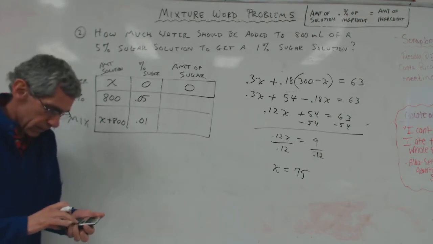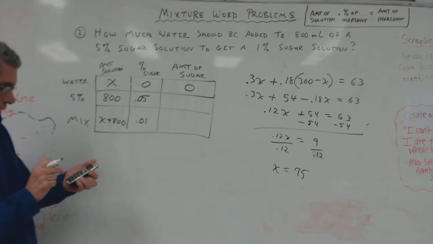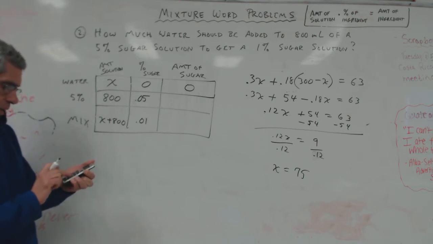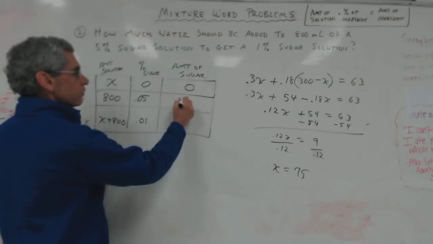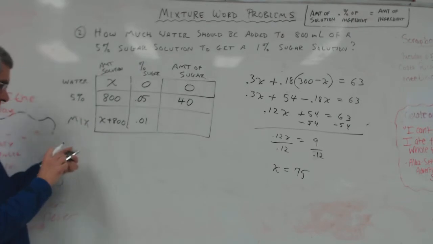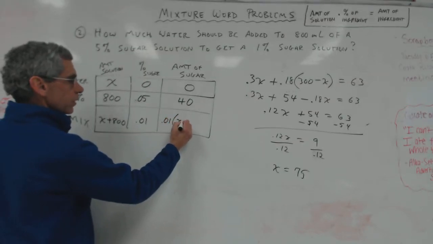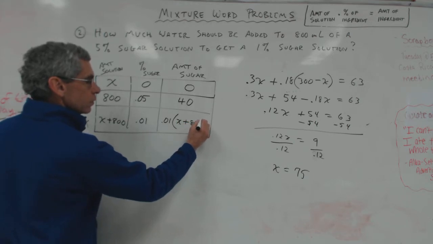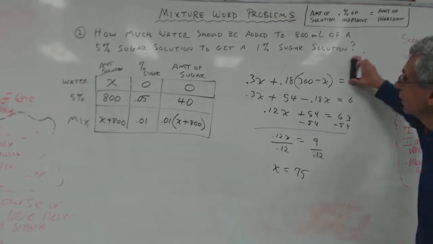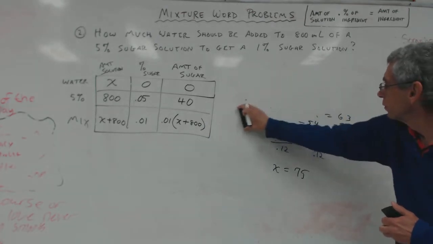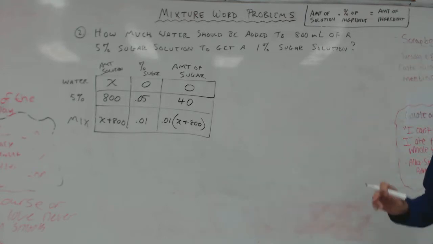Okay, 800 times 0.05 equals 40. So that's 40. And then this one, I'll just do 0.01 parenthesis x plus 800. This time I'll do it the other method where we multiply times 100 so you can see that.